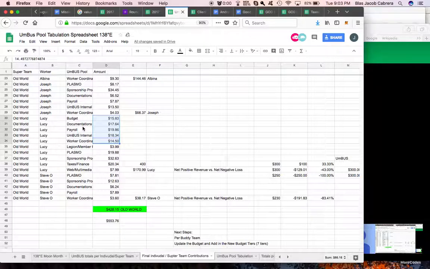HR board would be under budget. We always bill HR board under worker coordination. Well, it's not correct. HR board voting is for the budget. You need to note that down now. You bill based on what you're accomplishing, the work that you're doing. If the HR board voting form is for the budget, it's for the budget, not worker coordination. Does that make sense?